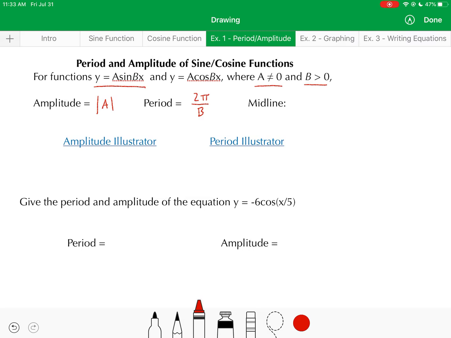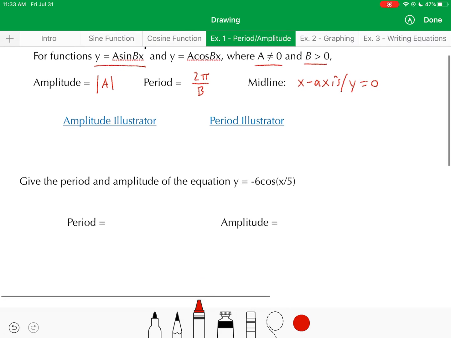Okay, that b value is affecting the curve in a horizontal fashion. All right, now the nice thing about functions of this form, the midline's not affected. Okay, the midline's still going to be the x-axis, or the equation y equals 0.